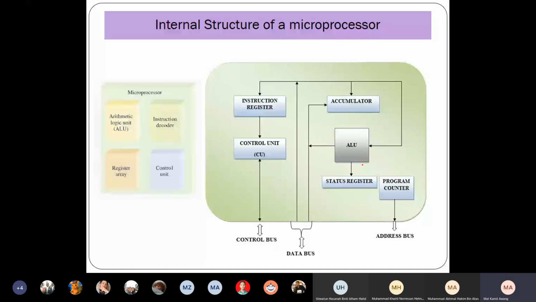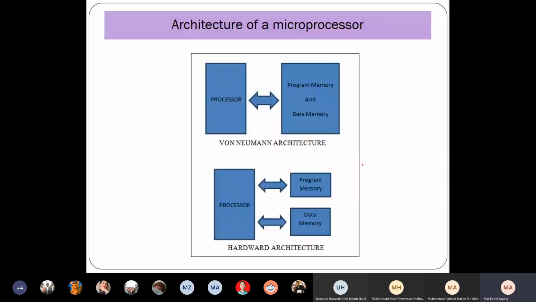This is the architecture. You have the von Neumann architecture, where you have the processor and the program memory and data memory, with two-way connectivity here.